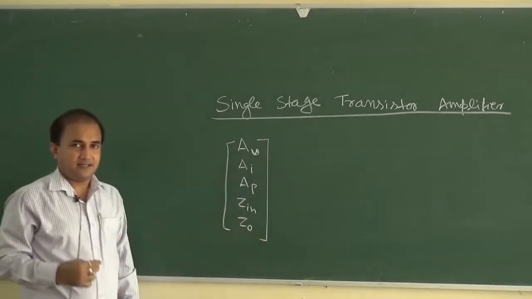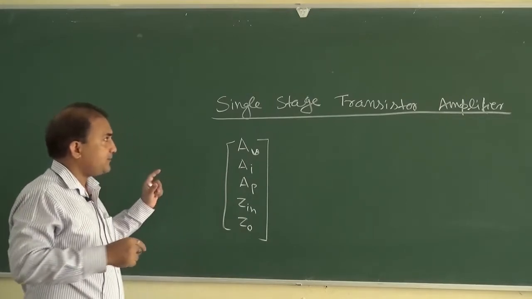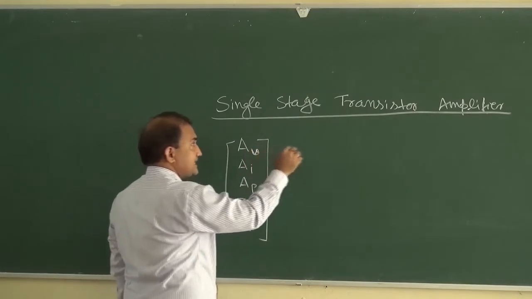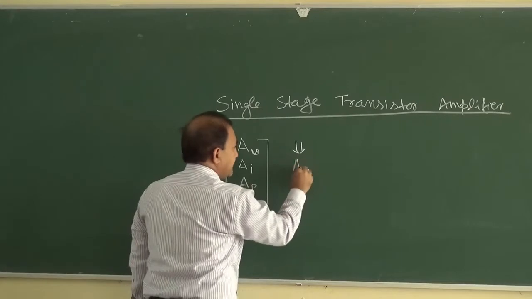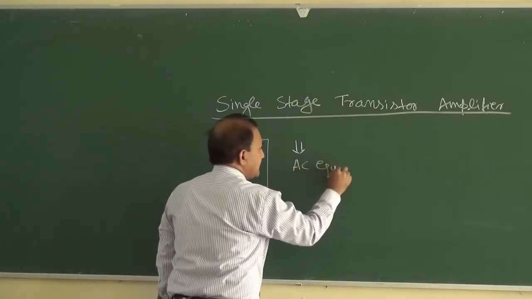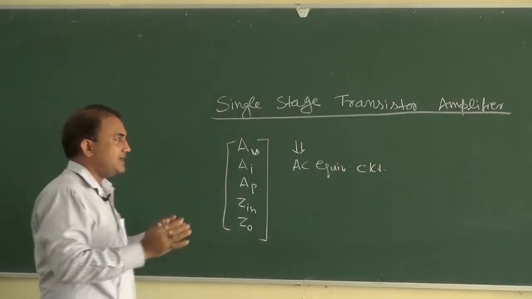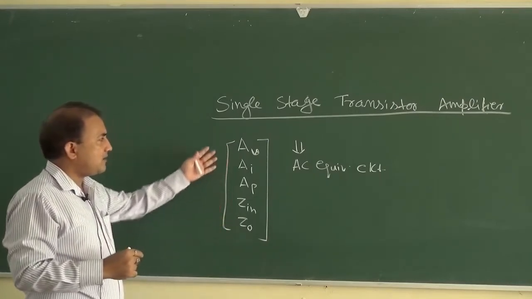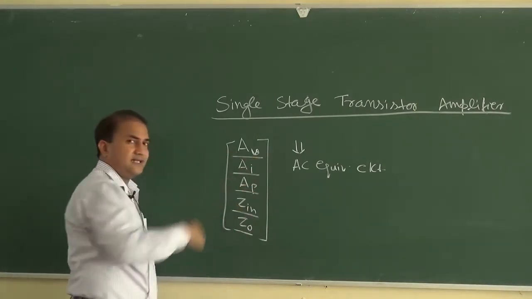In previous class we have seen how to represent the single stage transistor amplifier circuit in AC model, or its AC equivalent circuit. Today we will determine all these parameters.